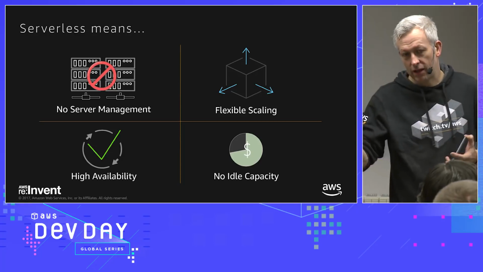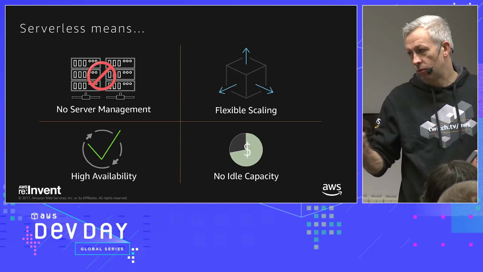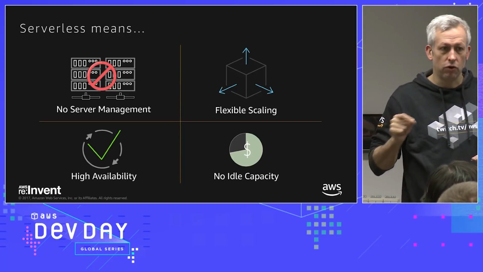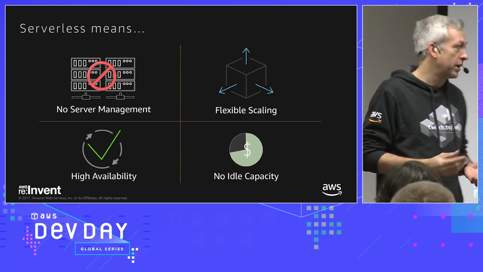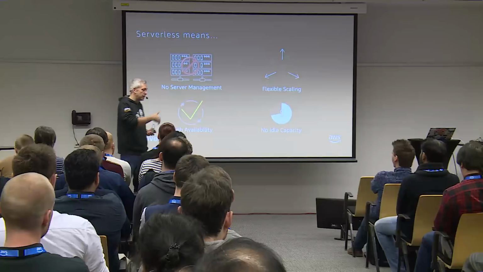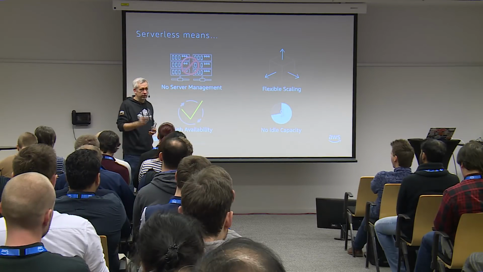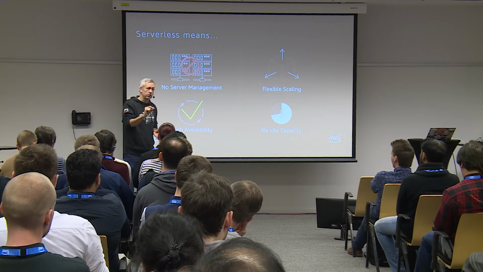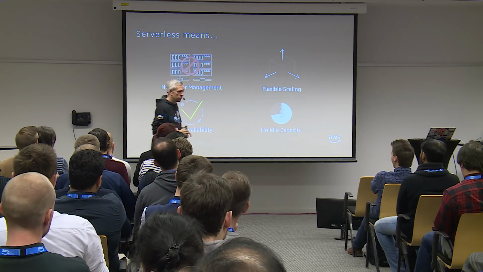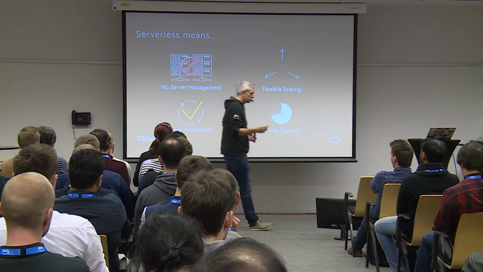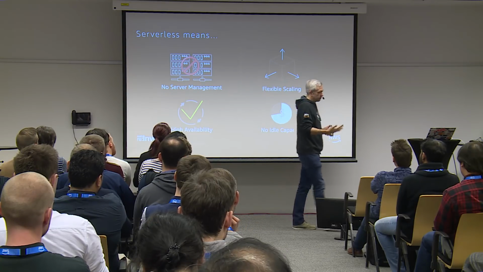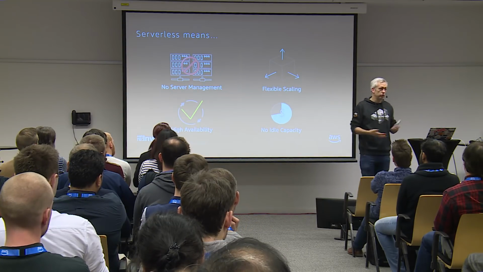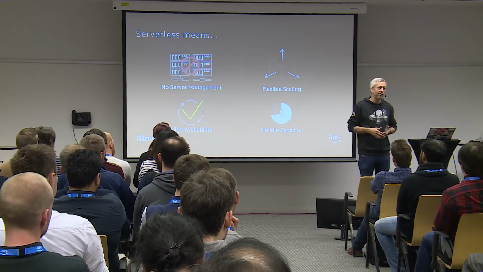You can set that dial, that slider, very accurately depending on what your level of memory footprint or performance requirements are. So not only is it more granular in the sense of timing, it's also more granular in the sense of sizing as well. So you can more accurately size your environment, be very tight on your cost control, or over provision if you need performance, or just to be sure that functions are not going to fail if they have variable memory footprint.